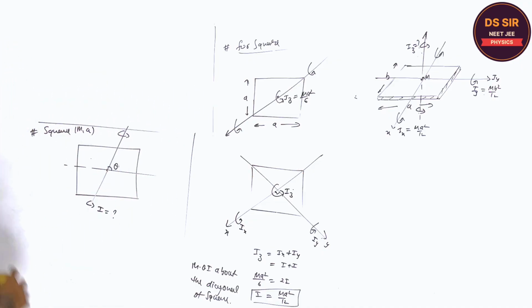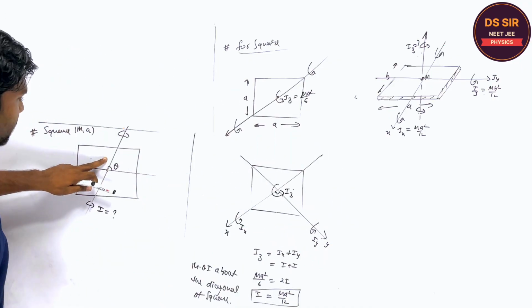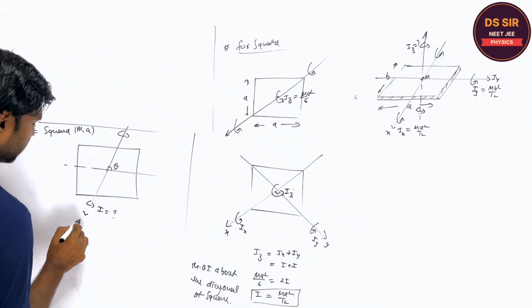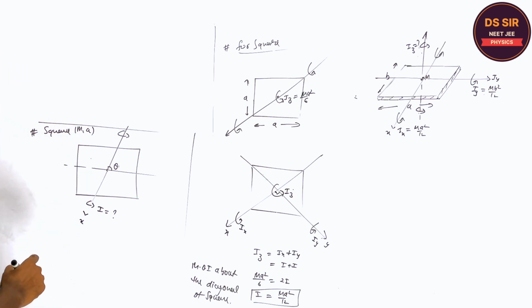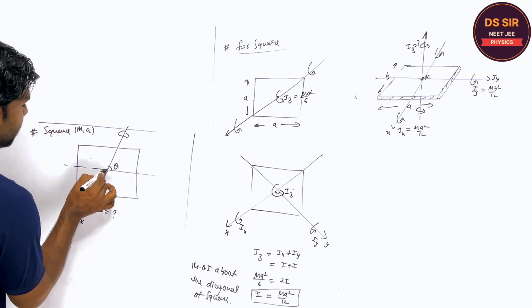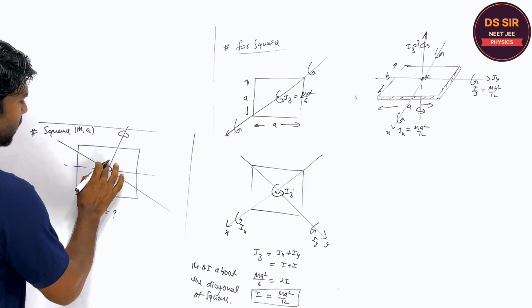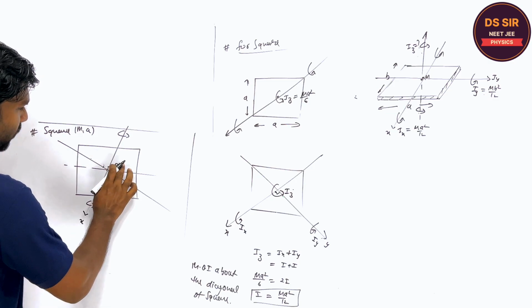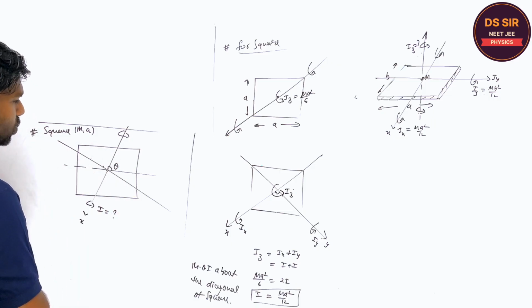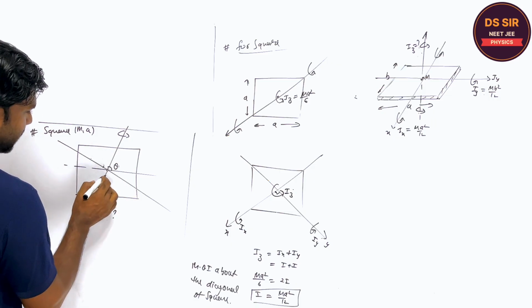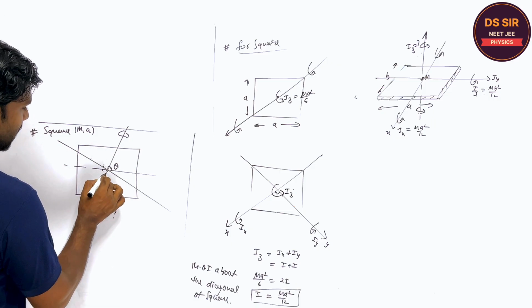Listen, one thing. Suppose this is the theta. Can I choose this as the x-axis? Right, I can choose the x-axis. Can I choose another axis which is just perpendicular to this? If this is the axis making angle theta, then this is theta, this is theta.